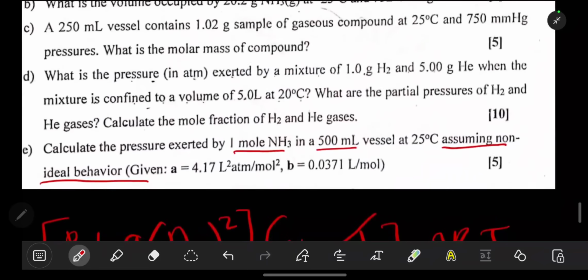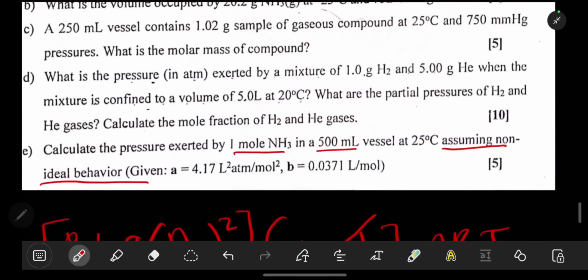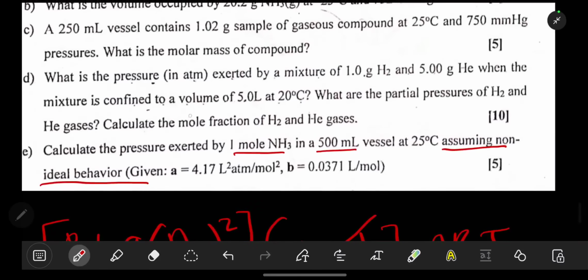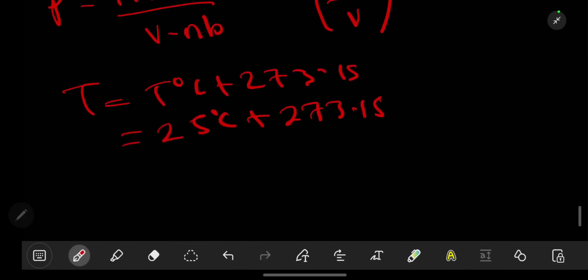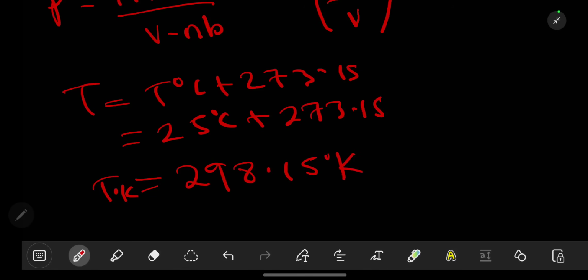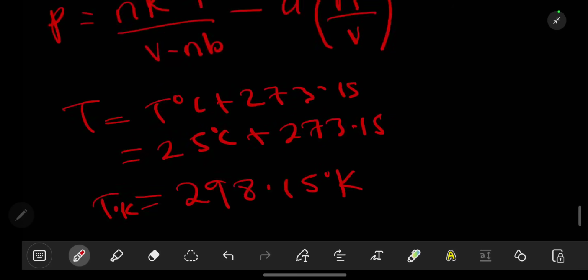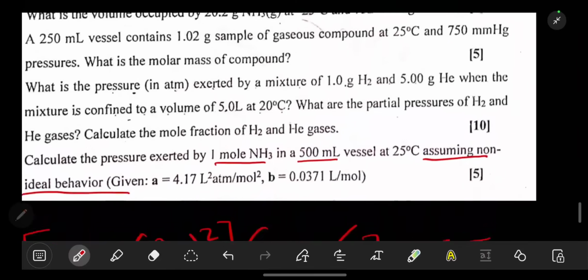When we add that, this is going to give us 298.15, like that. So this is the temperature in Kelvin.